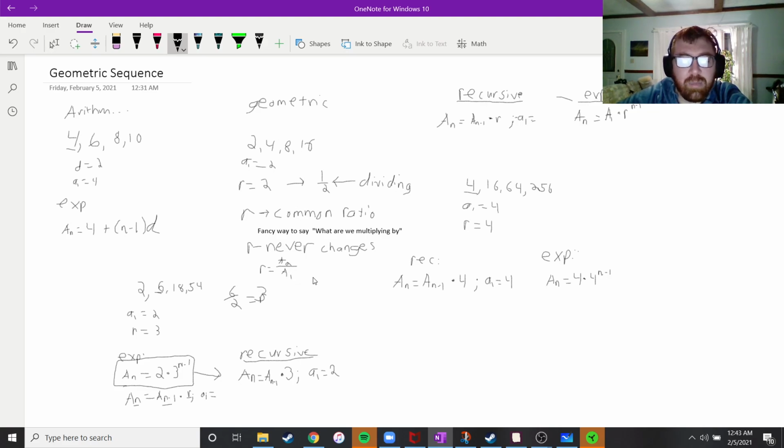And if you want to compare it, you could do A2 over A1 is equal to A3 over A2. By setting up that kind of ratio, their proportions, you could determine if a sequence of numbers is a geometric sequence or not.